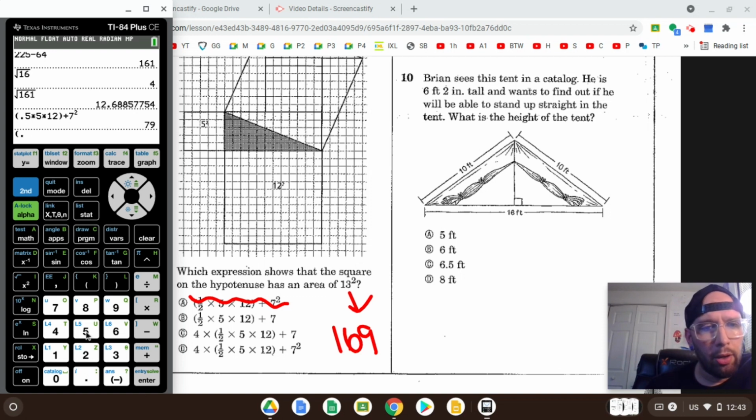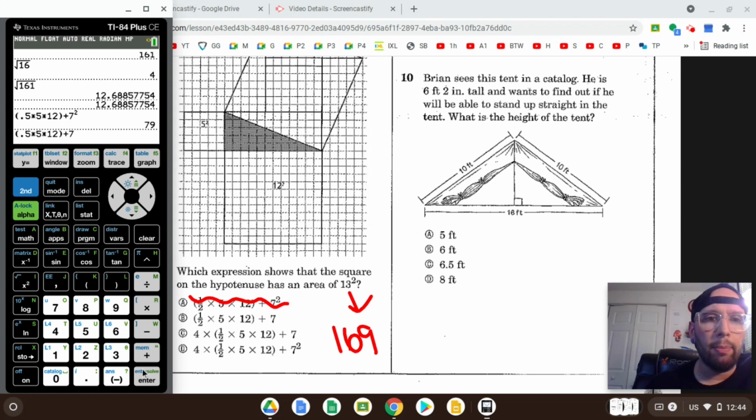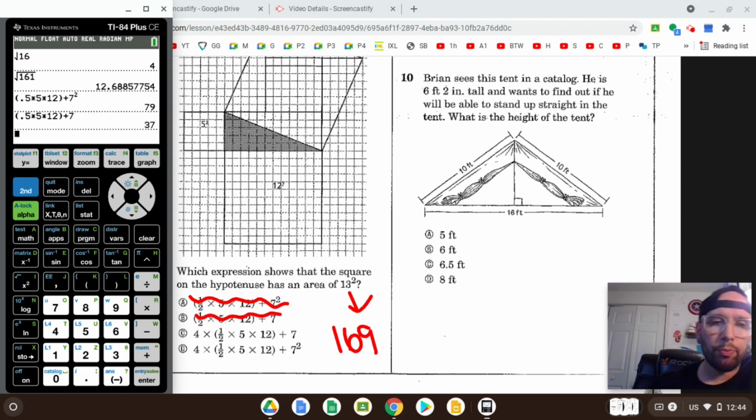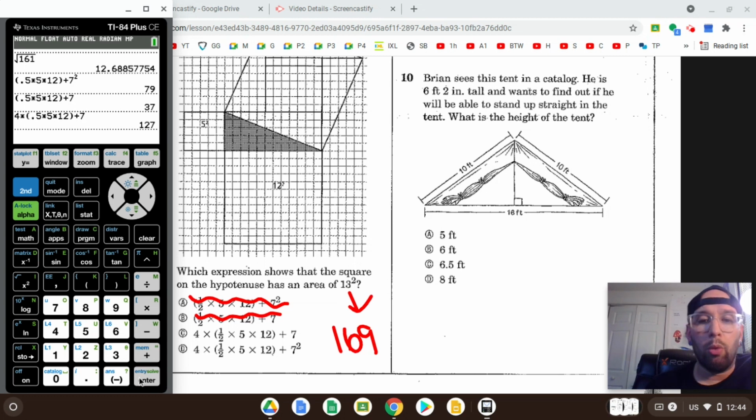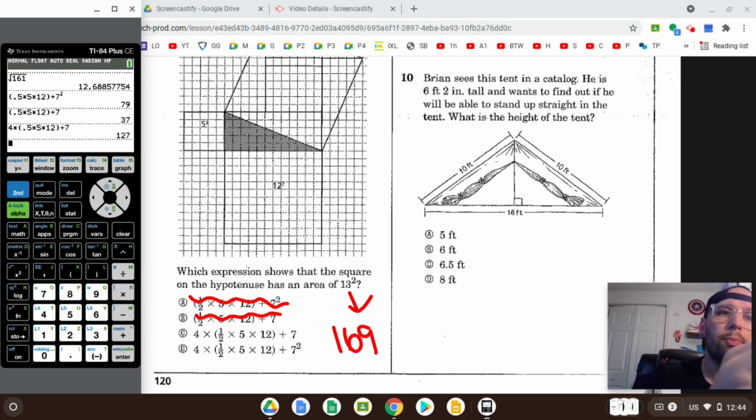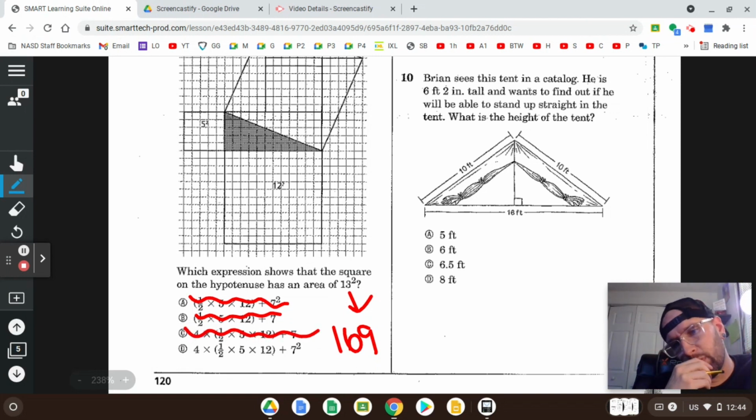Half times 5 times 12 plus 7 is going to be smaller than that, so it's not that one. 4 times half, which is 0.5, times 5 times 12, close parentheses, plus 7 squared is 169, so it has to be D.